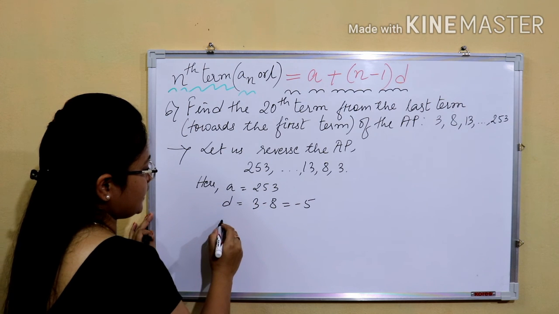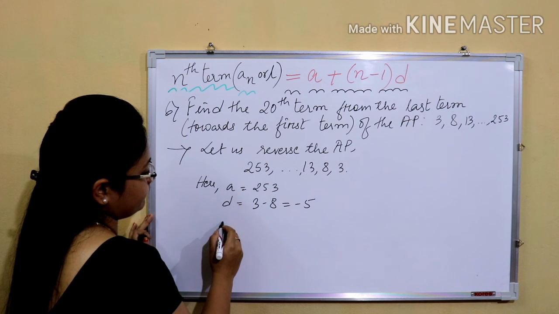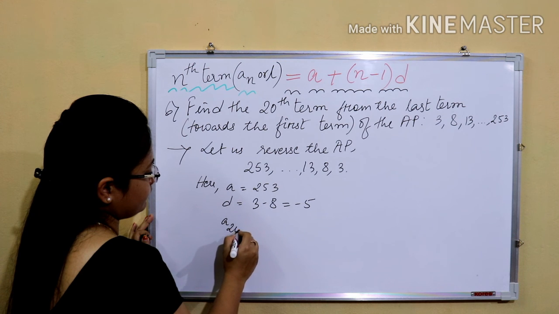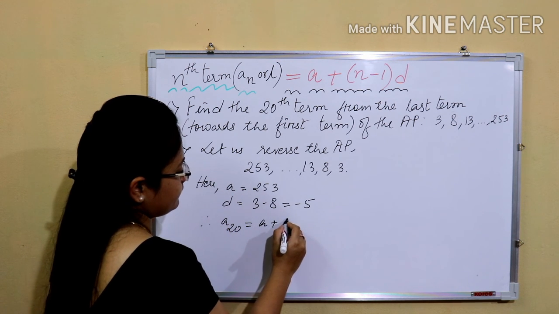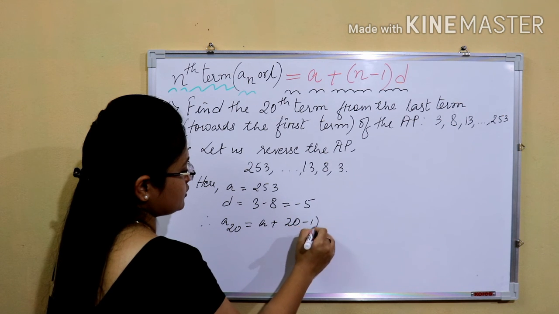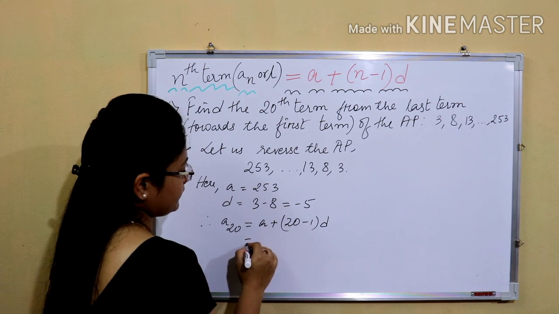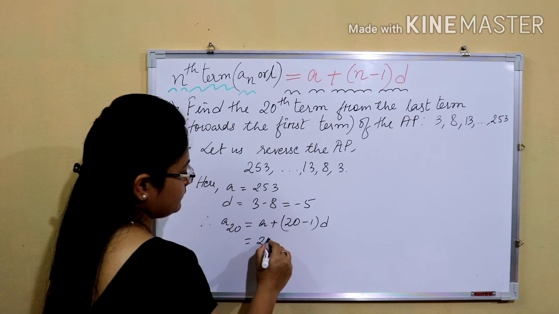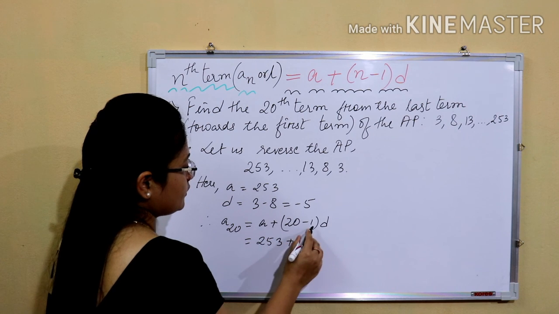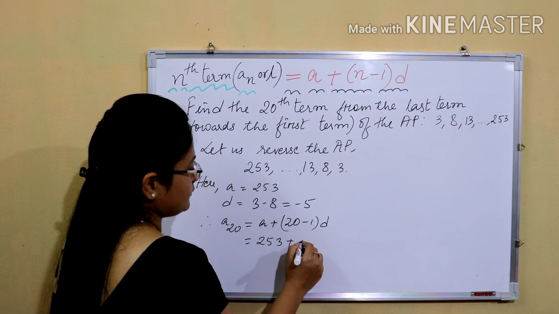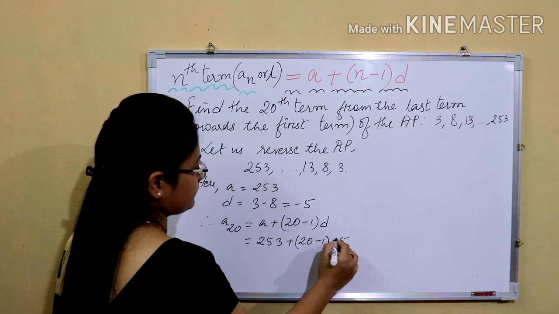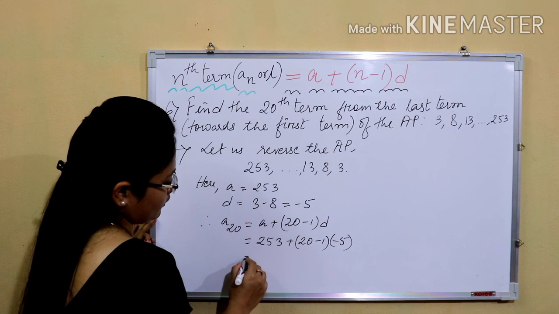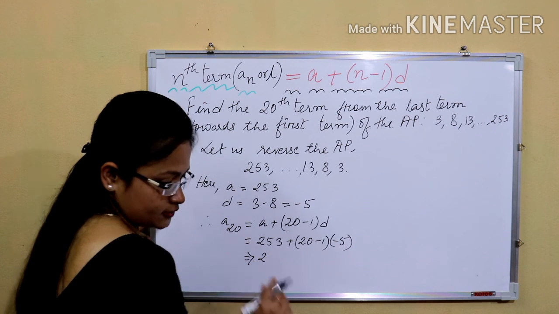The 20th term, that means a_20, is a plus 20 minus 1 times d. A we know is 253, 20 minus 1 gives 19, and d is minus 5.